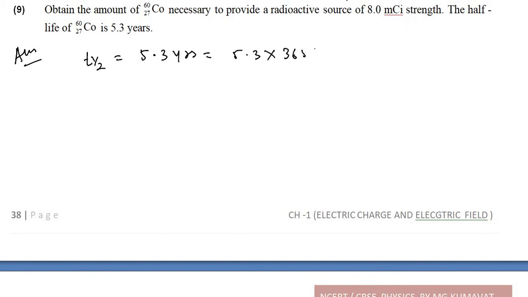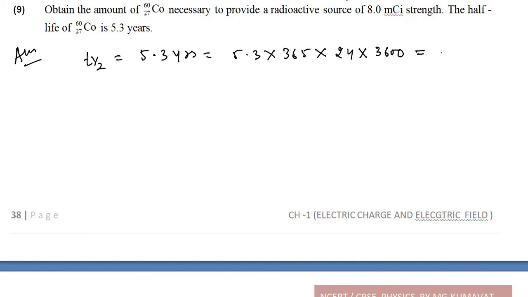So here we answer in SI unit. So we multiply 5.3 by 365, meaning 1 year is equal to 365 days, 1 day is 24 hours, and 1 hour is equal to 60 multiplied by 60, 3600 seconds.